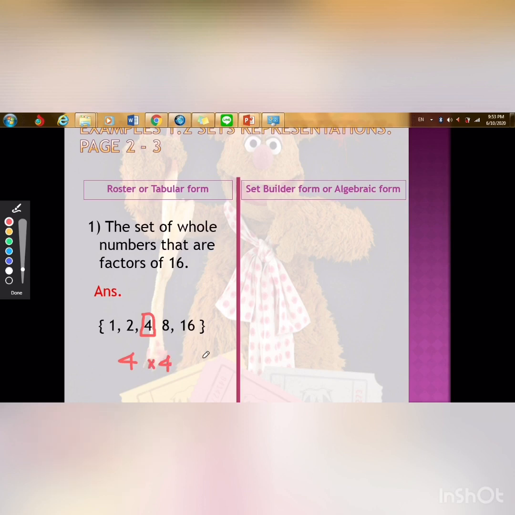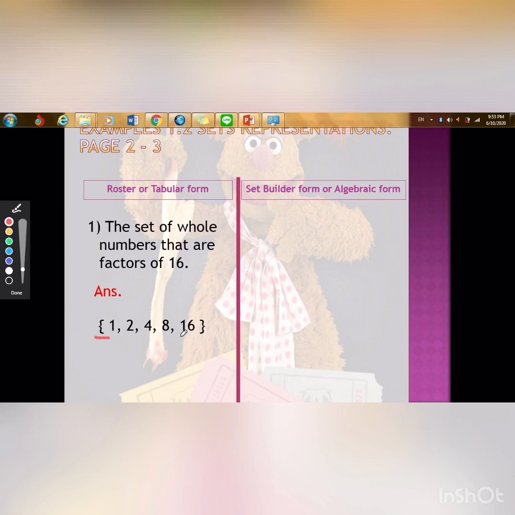There you go, so 4 times 4 is 16. However, 4 and 4 are the same element. So in writing sets, if they are the same element, we write it only one time. So therefore, this is now the set of factors of 16 in roster or tabular form.